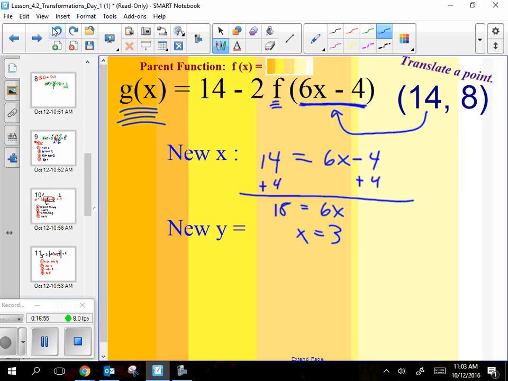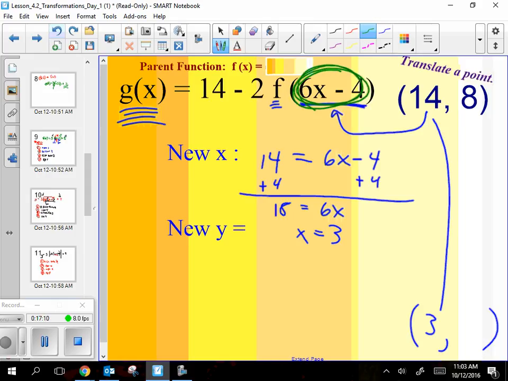All right, so my new point, which I'll put down here, we've got the beginning of it. It's 3 comma something. Now let's get the y. Well, like the same process we used last time, this is where x should be because it's supposed to be f of x, right? That's what x is supposed to be. Well, where's y supposed to be? What is y equal to?